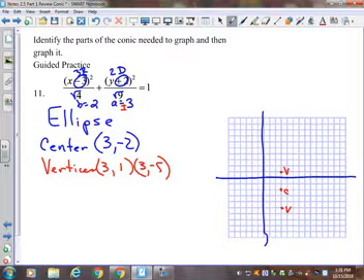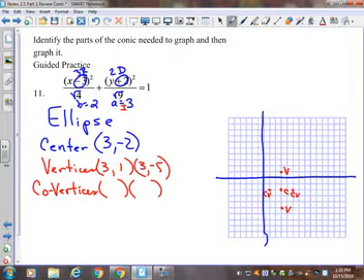Now we're going to do the same thing with the b value. We're going to count out 2 to the right and 2 to the left, and these are called co-vertices because they're not as important of vertices as the original ones that we got, because that's the longer direction. But they're just as important in graphing the parabolas together to make our ellipse, which is what this is making.